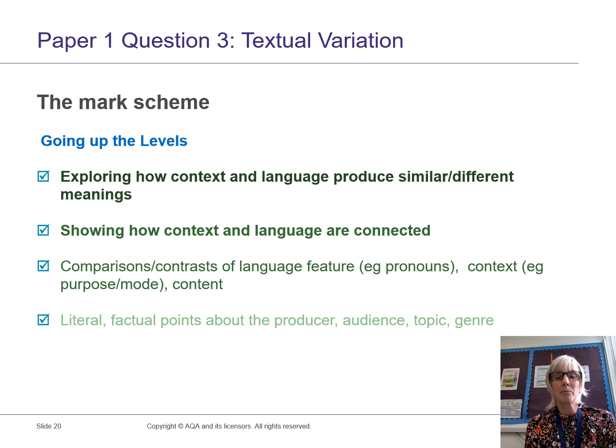And most importantly is to think about the similar or different meanings. That's the very top level, from the bottom to the top. The darkest green one is the best thing to do: how context and language produce similar or different meanings.